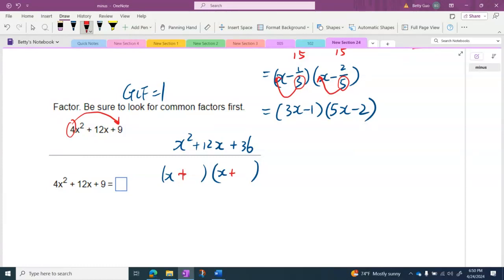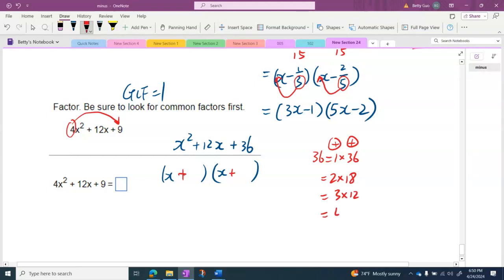The two numbers must be both positive. We can do 1 times 36, 2 times 18, 3 times 12, 4 times 9, 6 times 6.